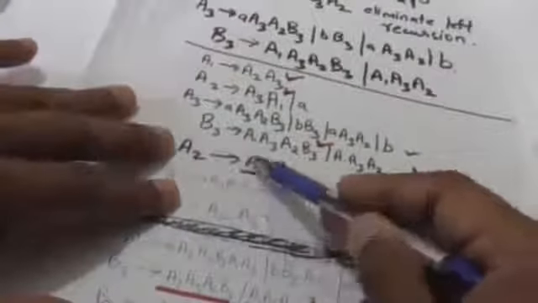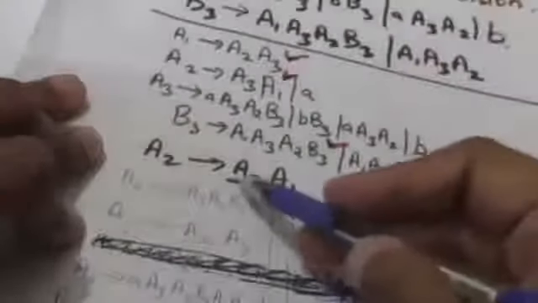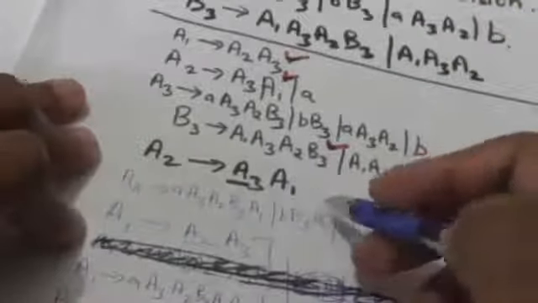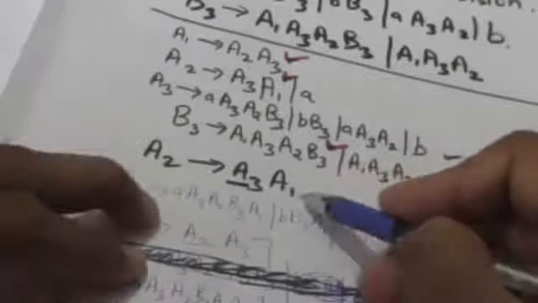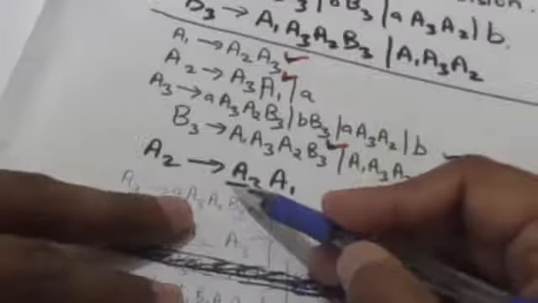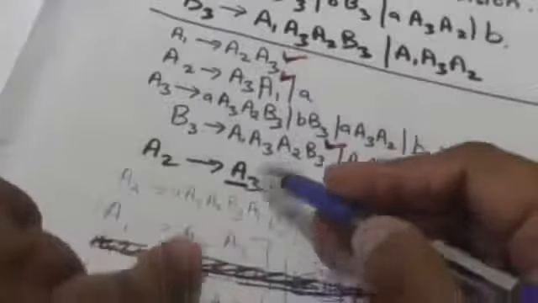Now see this production of A2. A2 derives A3, A1. It is not in GNF. So what will we do? We will apply substitution rule. We will replace A3 by the string which appears on the right hand side of the production of variable A3, right?